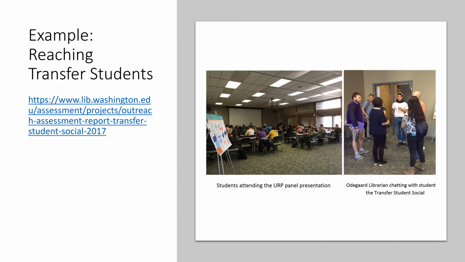And so what they did was they interviewed and had focus groups with both transfer students and university staff. And then the first thing that they brainstormed was essentially a panel of transfer students that would be held in the middle of a semester.